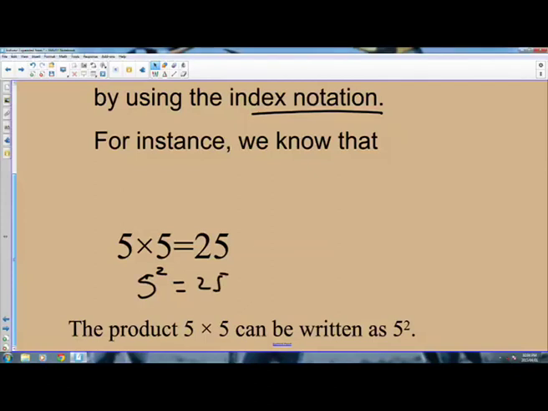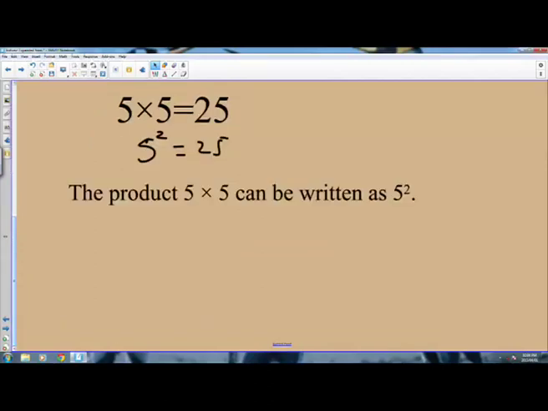We need to bear in mind that 5 times 5, which is 25, here, the 5 times 5 is what we call the expanded form for 25. So 5 times 5 is the expanded form.